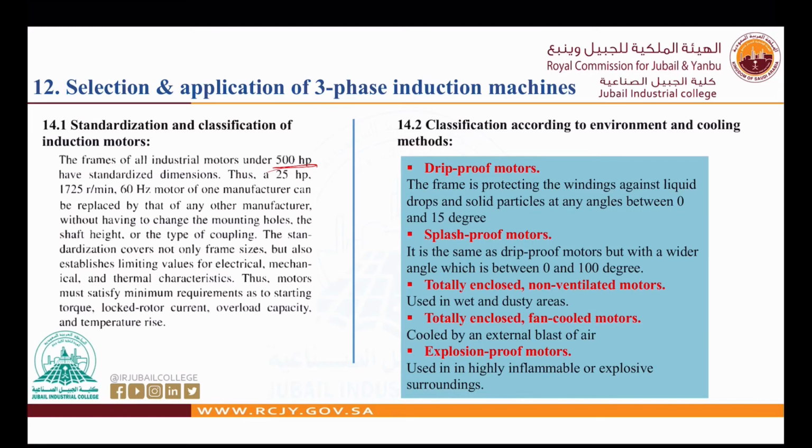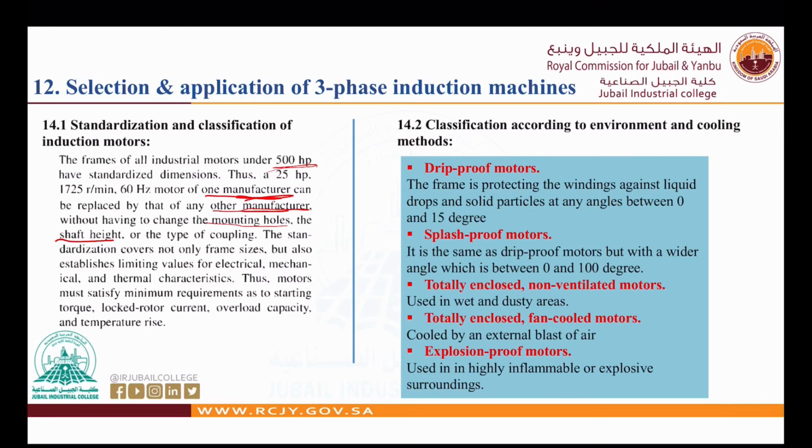Thus, a 25 horsepower motor of one manufacturer can be replaced by any manufacturer, because they have the same standardized mounting holes, the same shaft height, and other coupling types. This is regarding the standardization of induction machines.